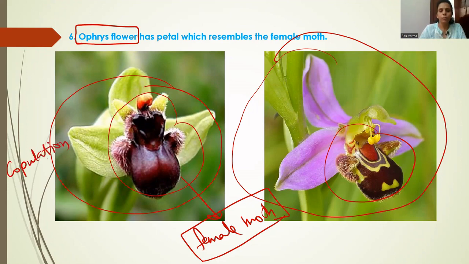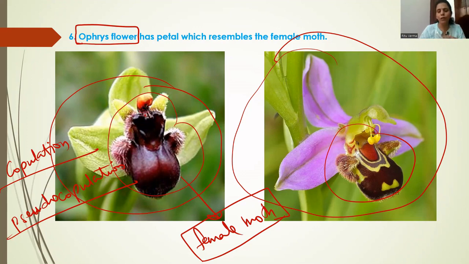And because obviously this is a petal and not a real female moth, this type of copulation is known as pseudo copulation. So pseudo copulation means false copulation. When the insect sits on this flower, the pollen grains of this particular flower get attached to the body of the moth.